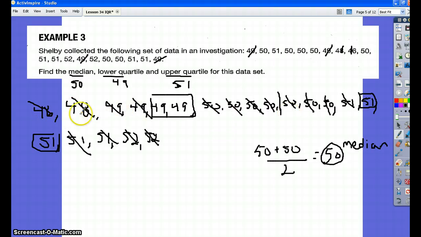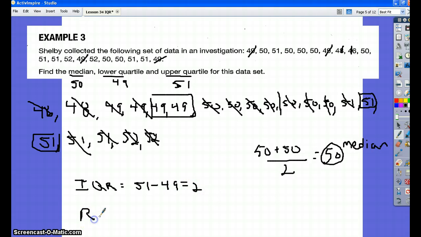Put it in order from least to greatest, and then just start crossing away and figuring everything out. So the interquartile range, or the IQR, would be 51 minus 49, which equals 2.